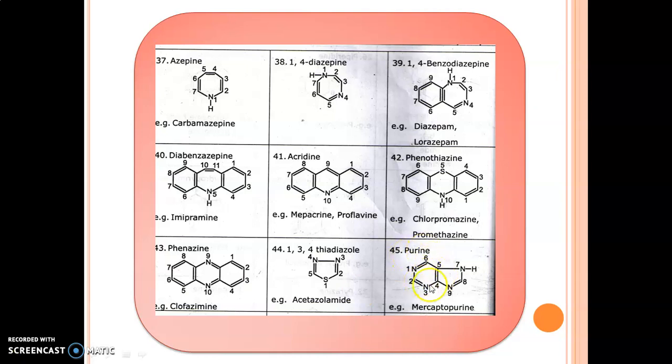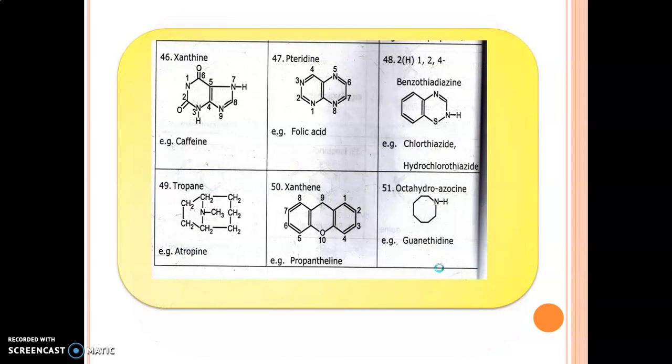In this, pyrimidine ring is fused with imidazole ring at 5,4 position. Next is xanthine ring. In this ring, imidazole ring is fused with barbituric acid ring. Then next is pteridine ring.